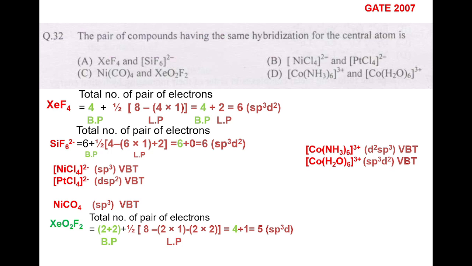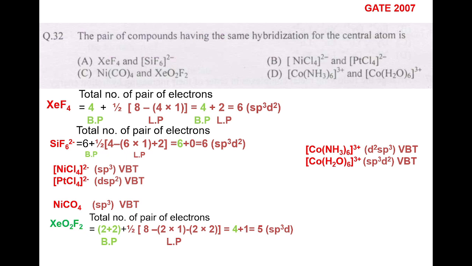So sp3 can be tetrahedral, and can also be square planar. If we discuss all the molecules, please look at them: in which case will we get the same hybridization? In case A, we are getting the same hybridization, sp3d2.